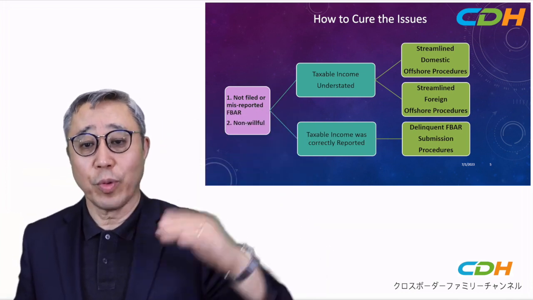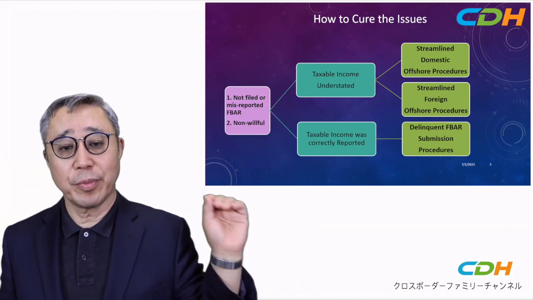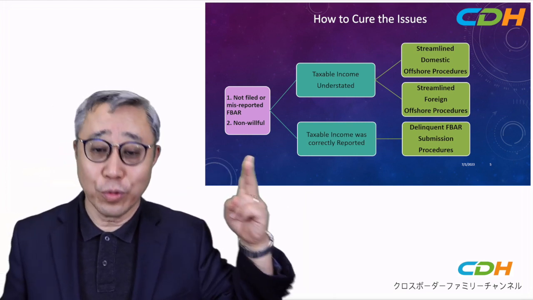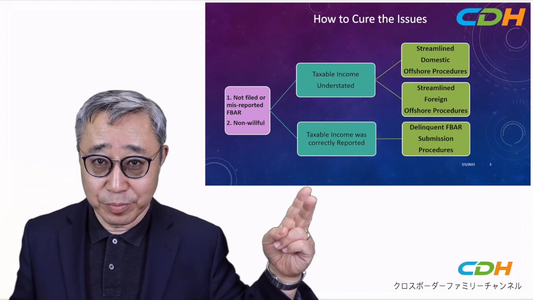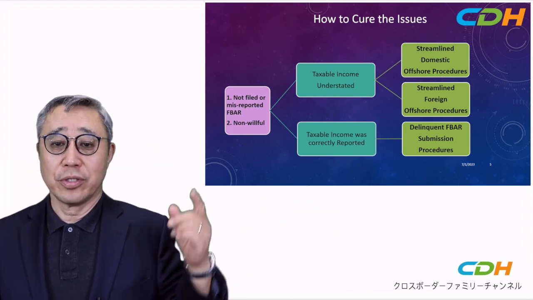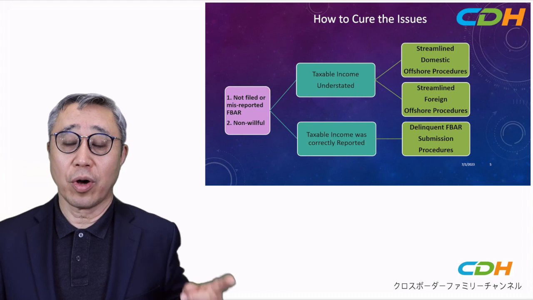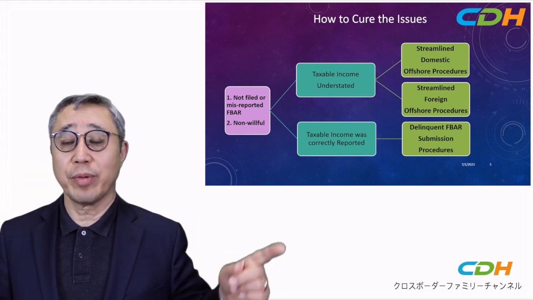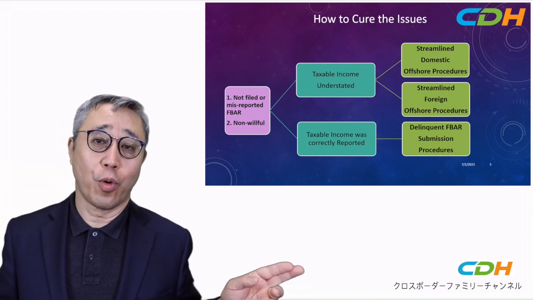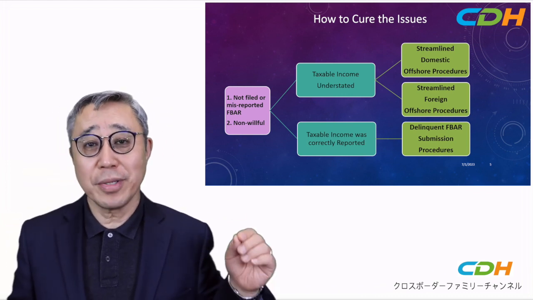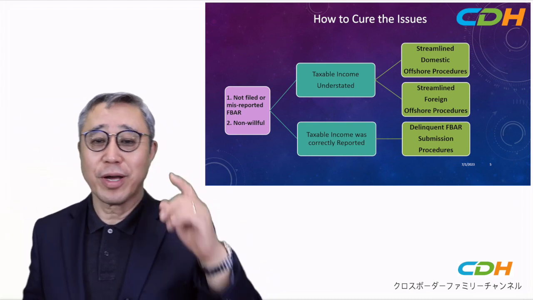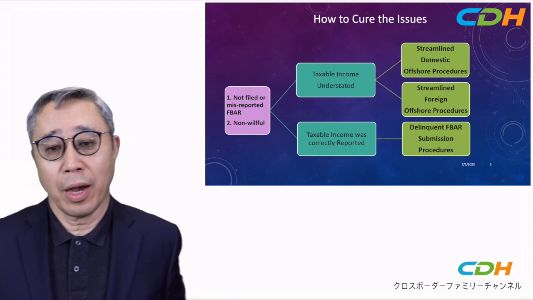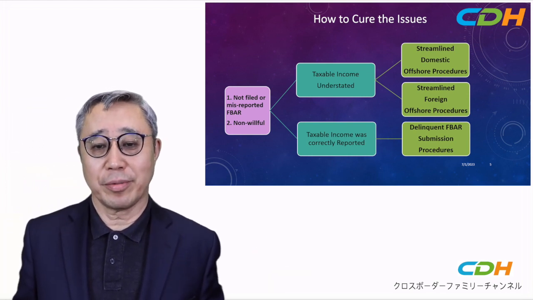So two separate ways. If the taxable income was understated, there are another two ways to cure. Streamlined domestic offshore procedure is the first one. Second one is streamlined foreign offshore procedure. I may be missing one word; I think it's streamlined domestic offshore reporting procedure, maybe that might be the case.